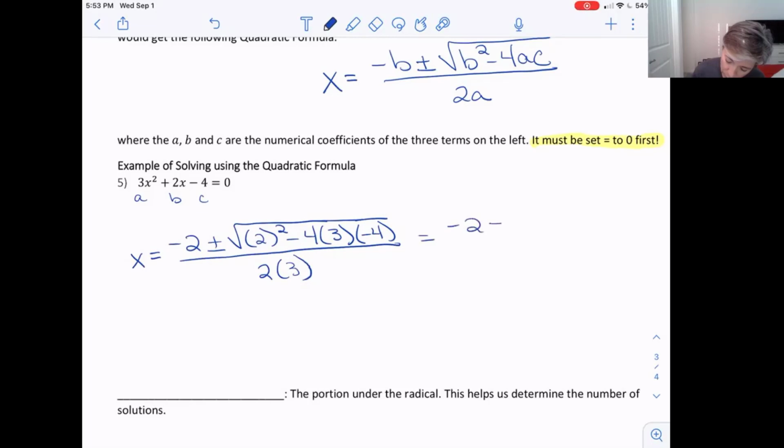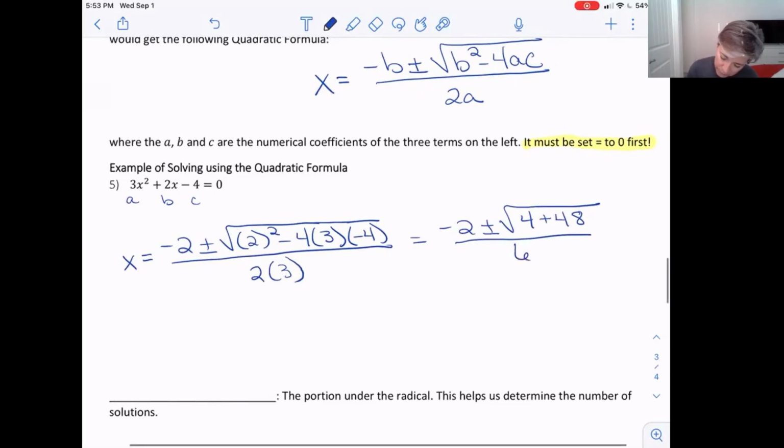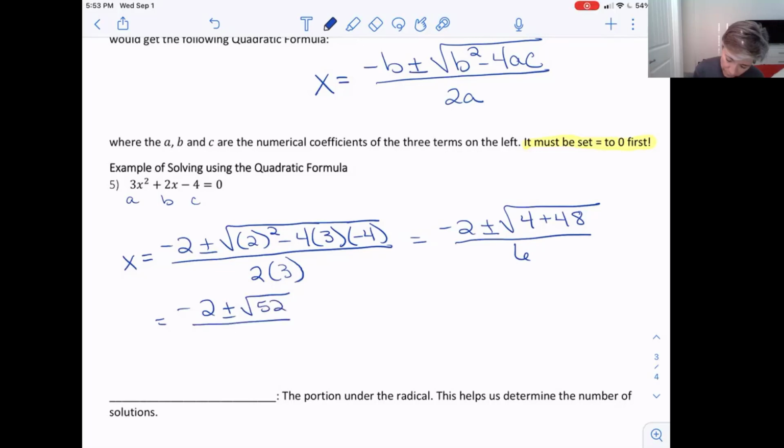So we get a -2 plus or minus the square root of 4 plus 48, I believe, divided by 6. So we get a -2 plus or minus the square root of 52 divided by 6.